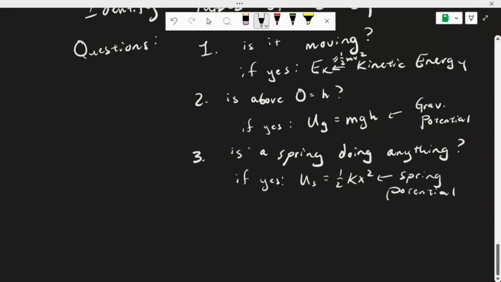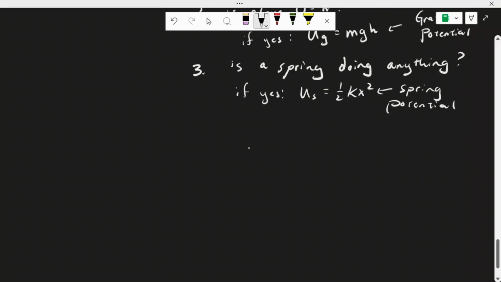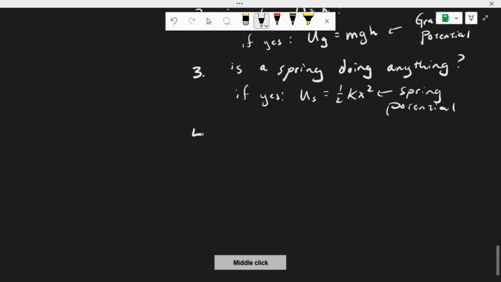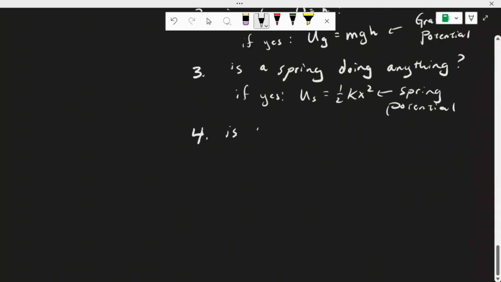If we want to look at a problem that involves all of these, there is a 4th one. 4, is energy lost or added? If yes, then you do E start plus the work done equals E end. And remember that can be positive or negative.